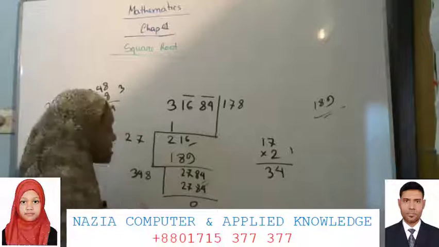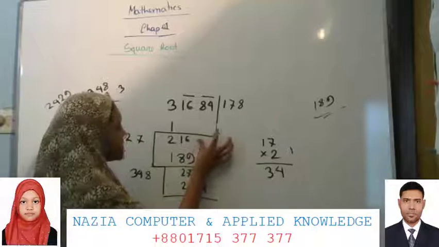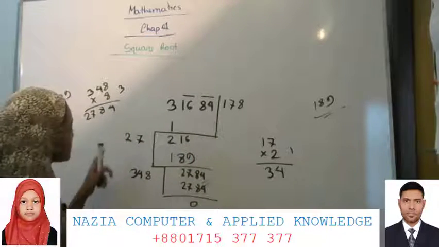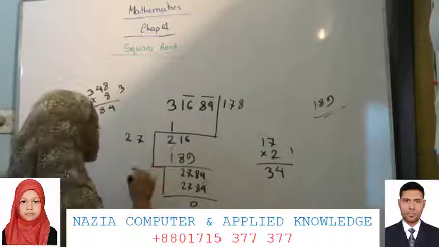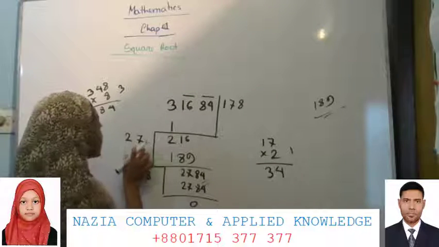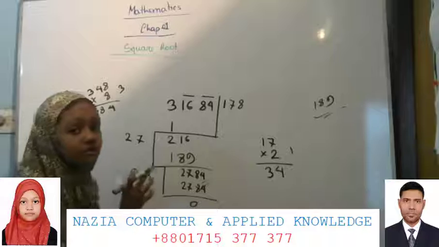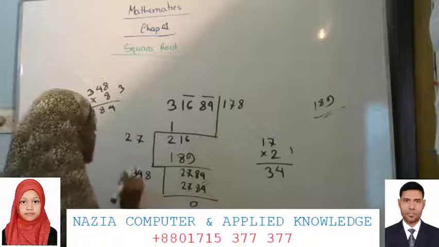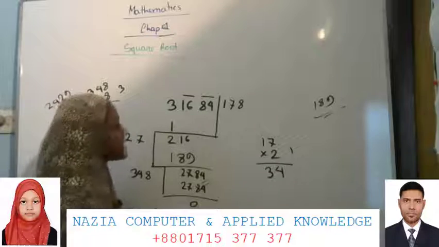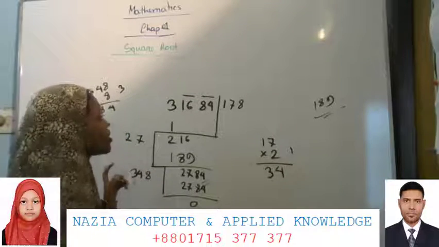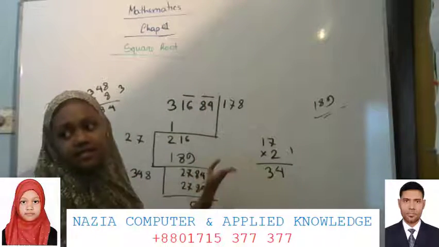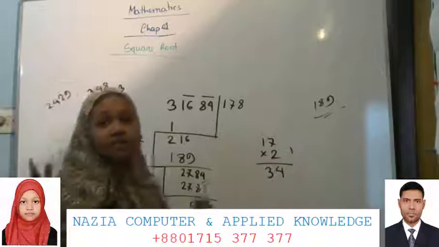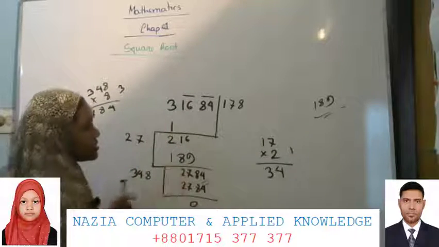We like the division format. Then again, the double of 17 will be here, not 27. Then again that process, so it will continue by this process if the number is bigger.